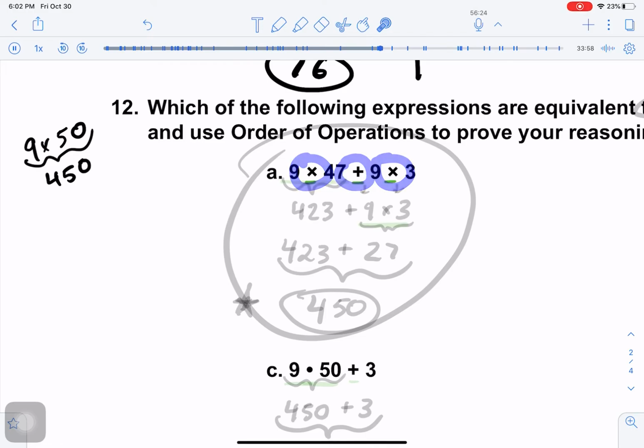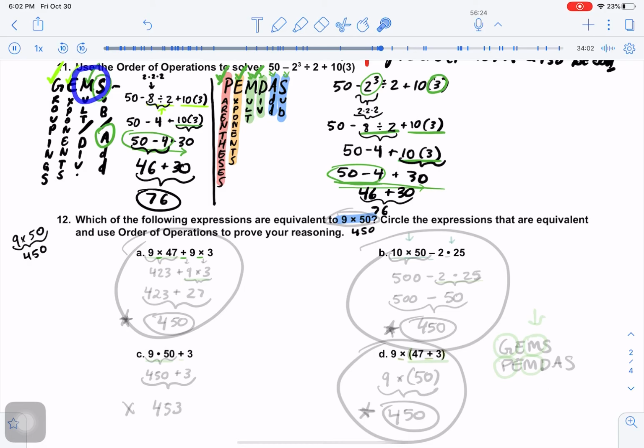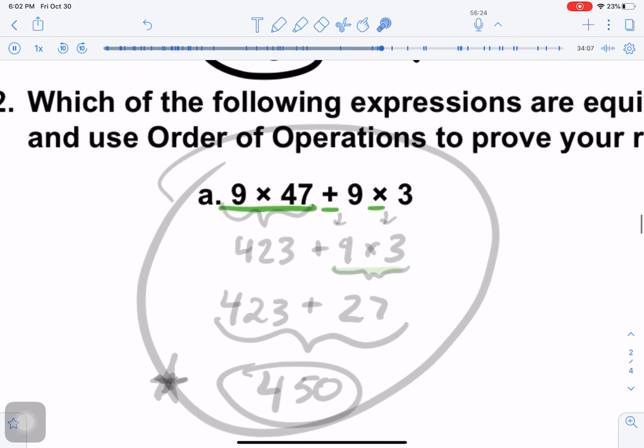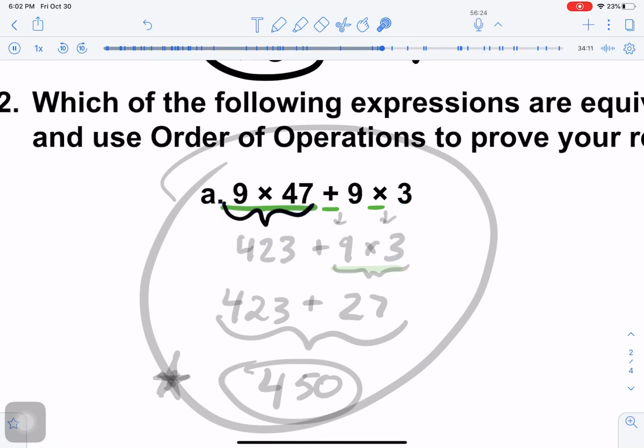In either of these two, we know that we are going to start with multiplication first before we do any addition. And because we're going left to right, we're going to start with 9 times 47. When I multiply 9 times 47, I get a product of 423.